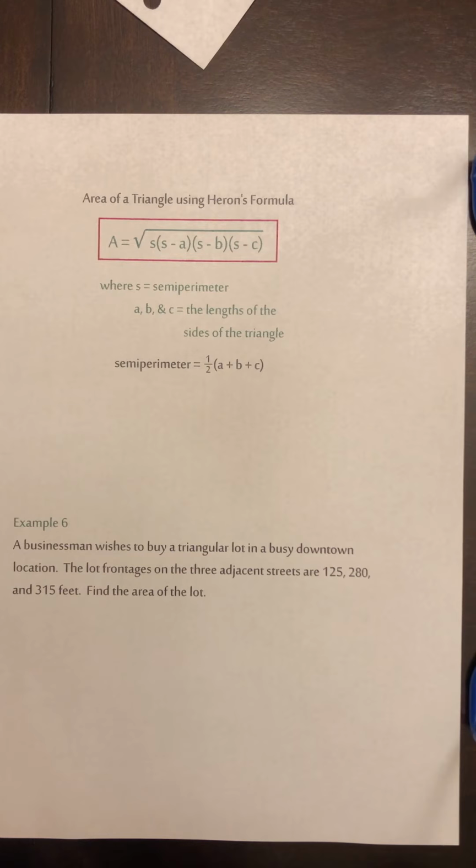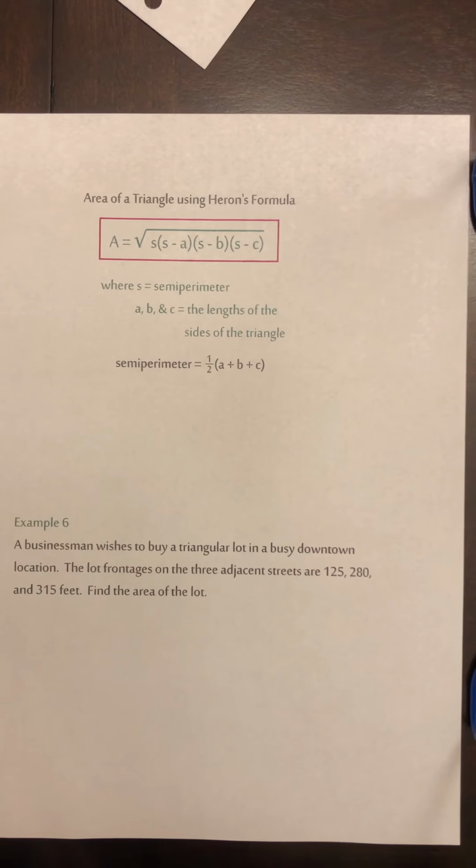Do y'all remember that one? We learned, obviously you remember the one from pre-algebra and algebra and geometry, 1/2 times base times height. That one only works if you have a right angle. The one I mentioned before only works if you have two sides and the included angle.